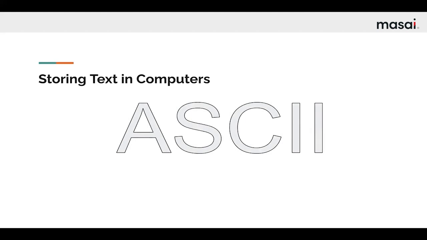But if you just look at it, it is basically a bunch of people coming together and finalizing that to represent this character, we'll use this number. That's it. They just map characters and numbers so that it becomes easy for us to store those characters with the help of numbers. So that is where ASCII comes in, and that is how text is stored in computers.